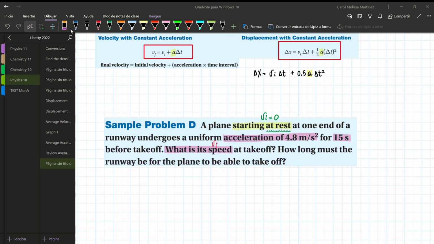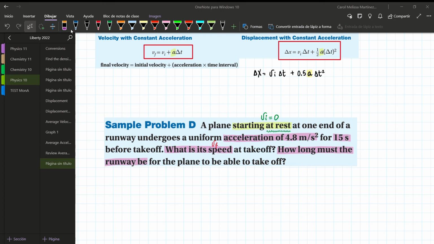And then it says, how long must the runway be for the plane to be able to take off? When I talk about how long, sometimes I talk about time. But this time, it says, how long must the runway be? ¿Qué tan largo tiene que ser la pista?